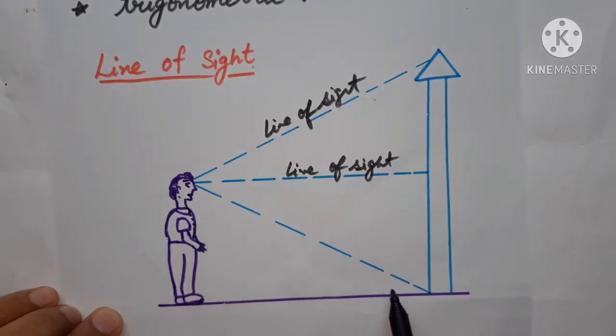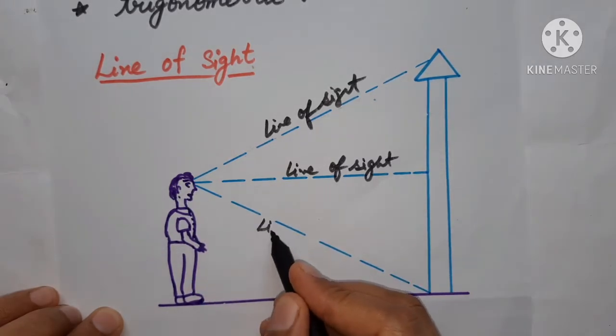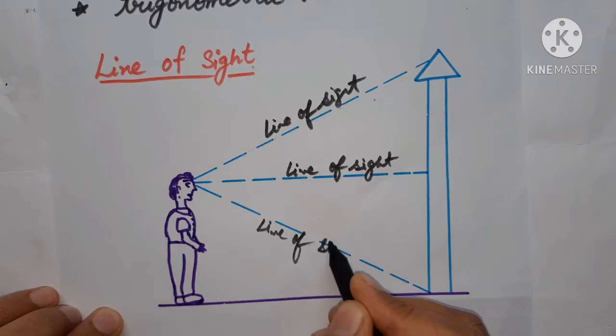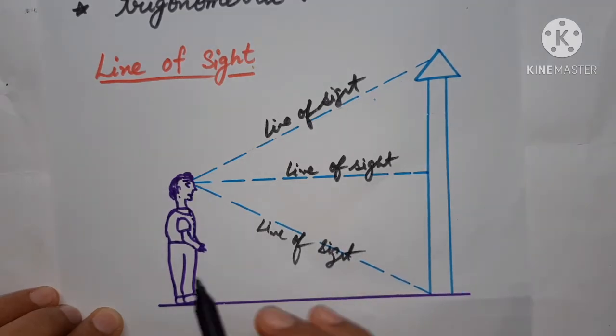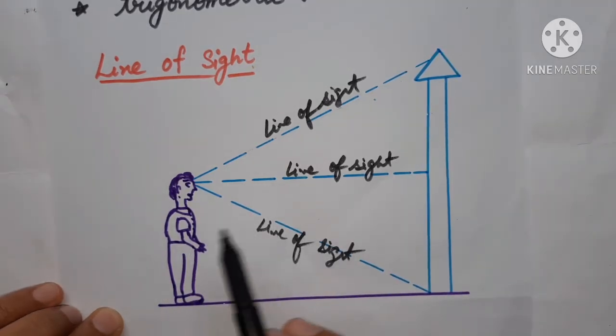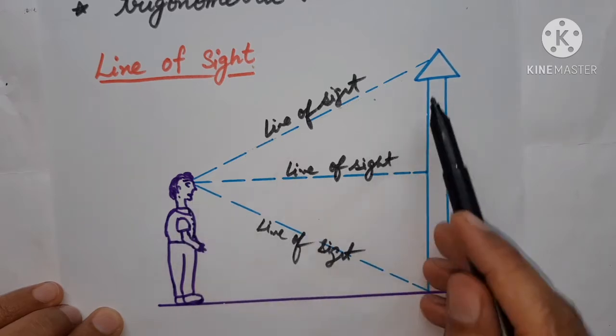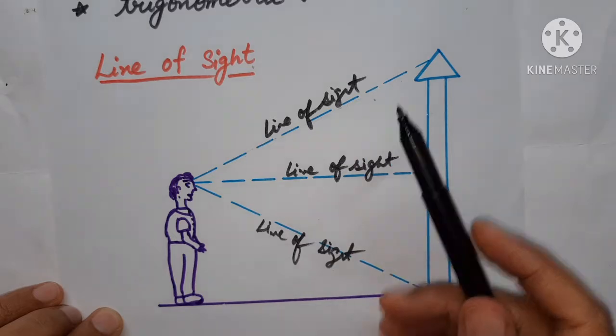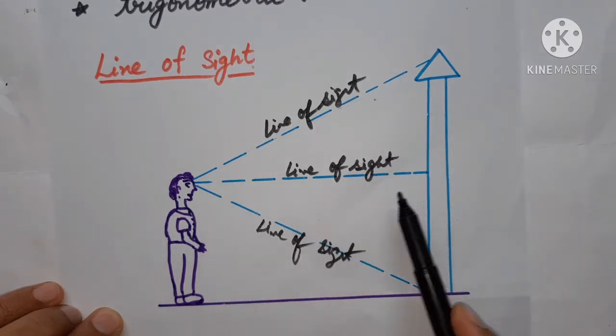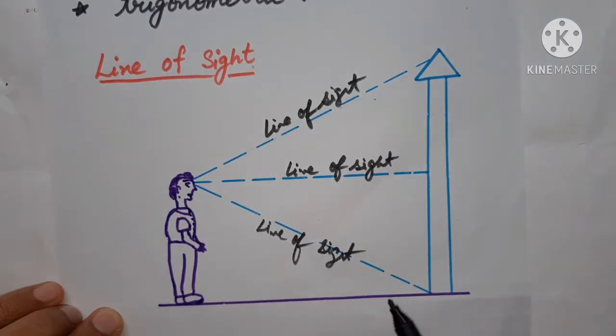Now this line becomes the line of sight. So the line of sight will change according to the observer. When the observer sees the object in the up direction, in the parallel direction, or in the down direction, the line of sight will change in each and every case.